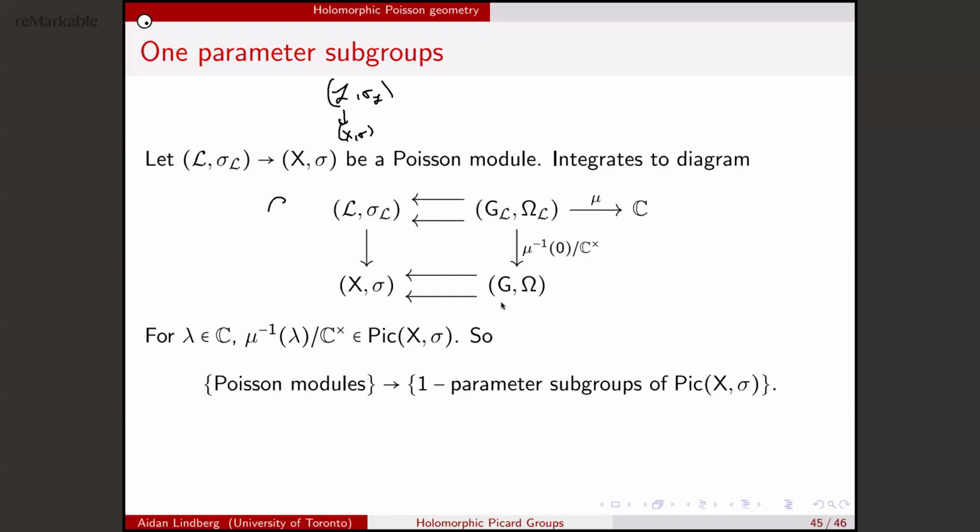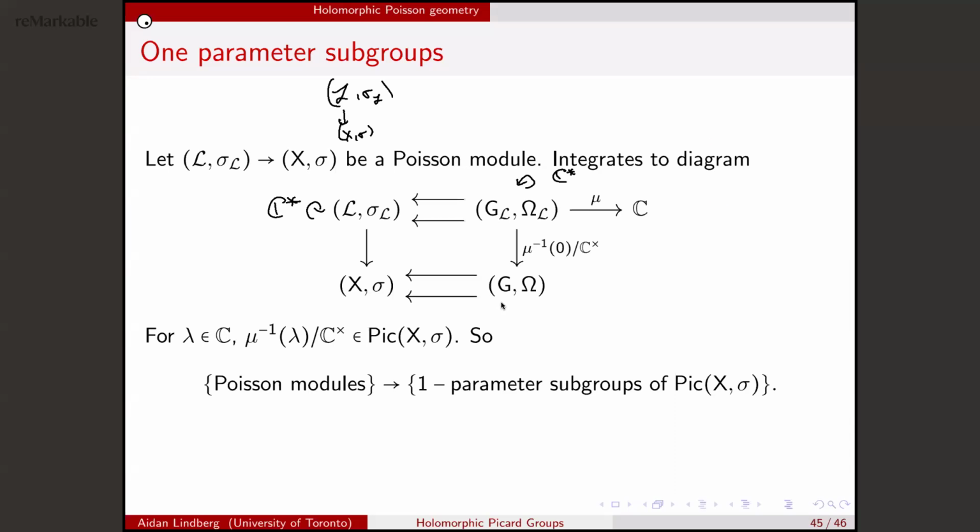Now there's a C star action on the fibers of this line bundle, just by rotation. And that will induce a C star action on the associated groupoid. And the associated action on the groupoid actually becomes Hamiltonian. So there's a moment map mu for this Hamiltonian group action to C. Now, C is a group under addition, right?